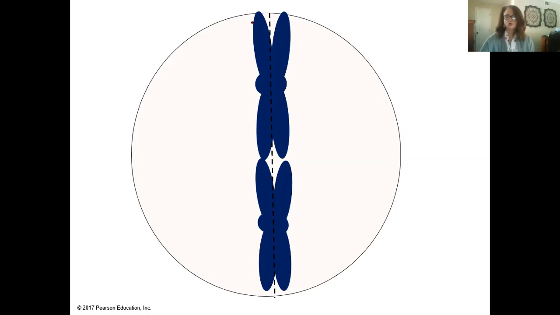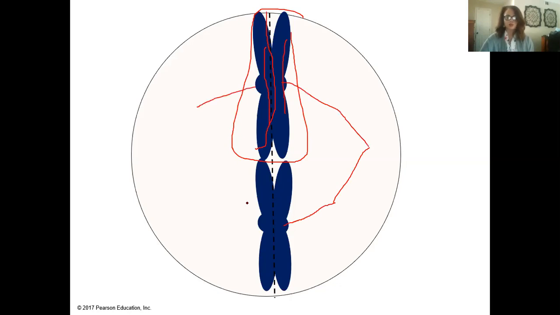So this would be 1 duplicated chromosome, composed of 2 sister chromatids. So this would be a sister chromatid, this would be a sister chromatid. Then it's easy to move these shapes along and imagine where they align, how they separate, where the microtubules attach. Remember, we're going to have a microtubule attaching at each kinetochore region here at the centromere. All right, so that's just a suggestion to help you study.